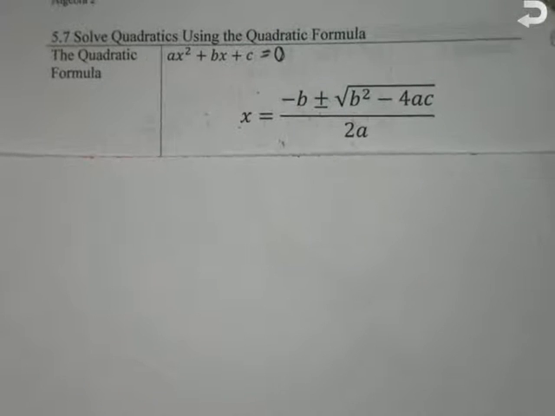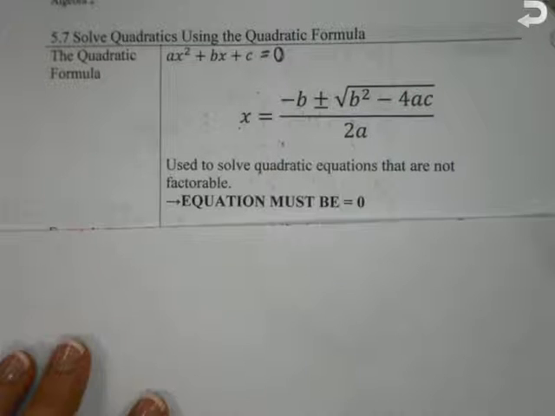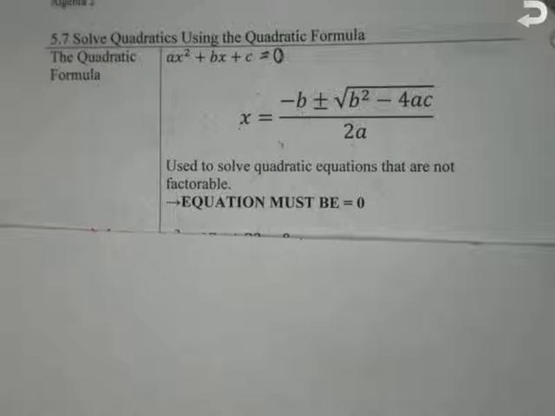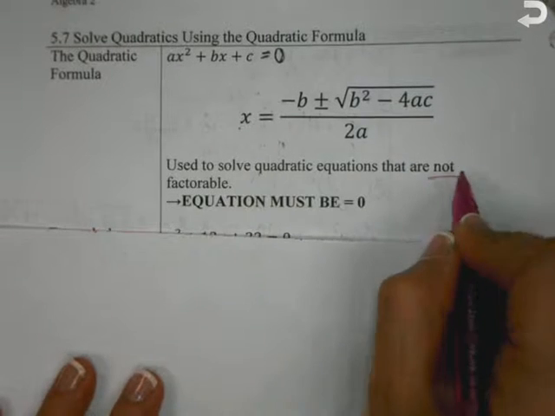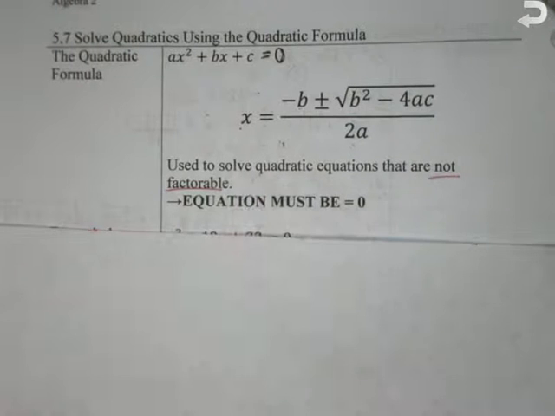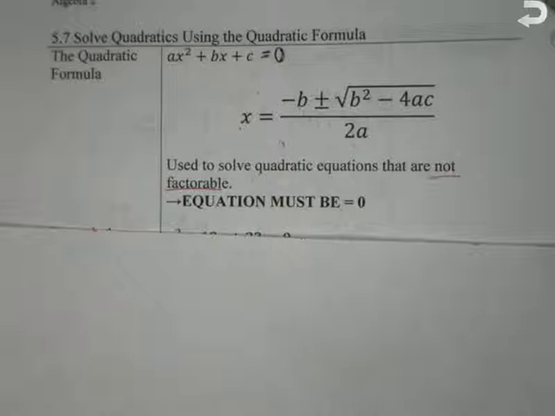Okay. All right. So one tip that we have is we use quadratic formula or completing the square to solve quadratic equations that are not factorable, meaning you can't use diamond method, there's not a GCF to pull out, or you can't use bottoms up. So those were our three main, it's not a difference of two squares.